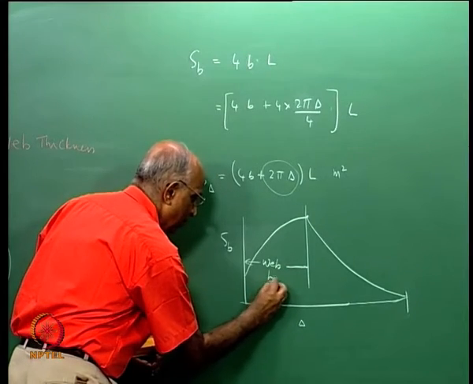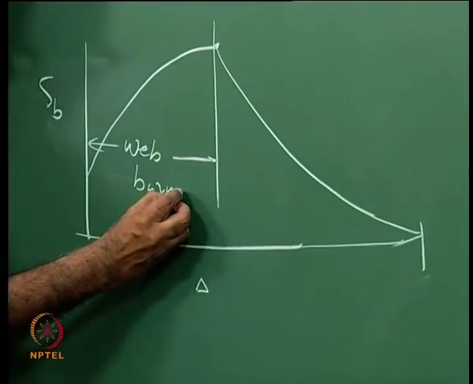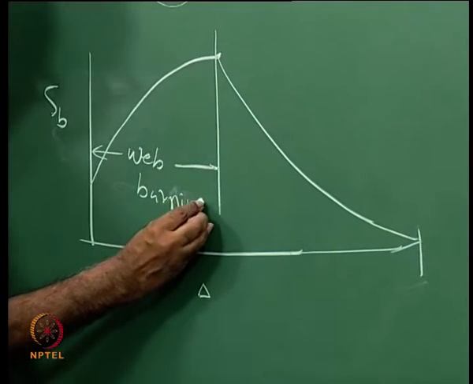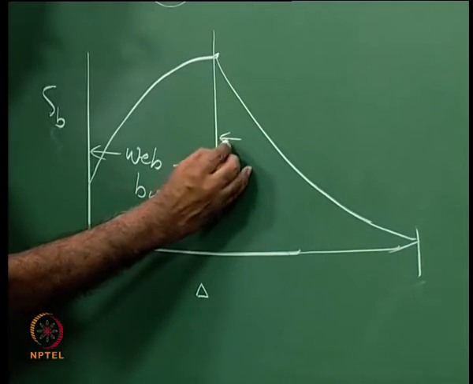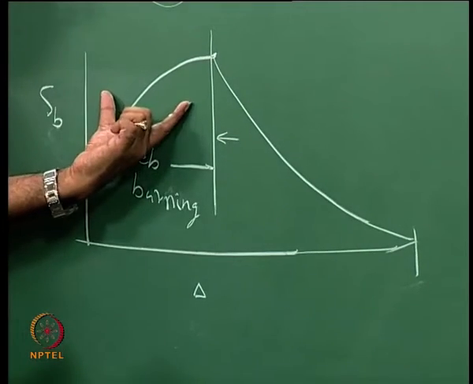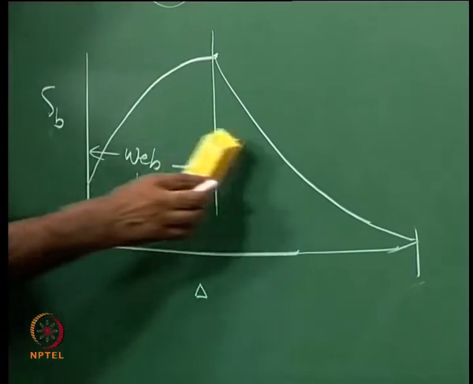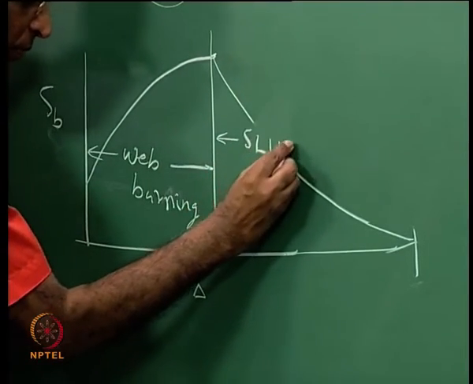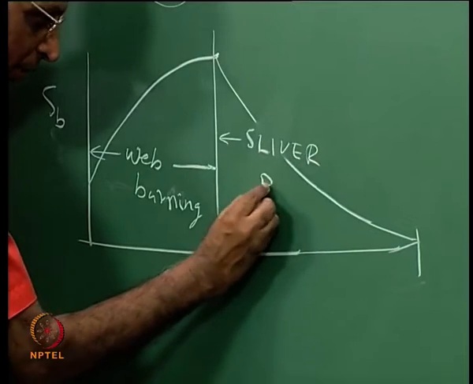This is known as web burning, and this part wherein the web is consumed but still some propellant is left is what is known as sliver, leftover sliver burning.